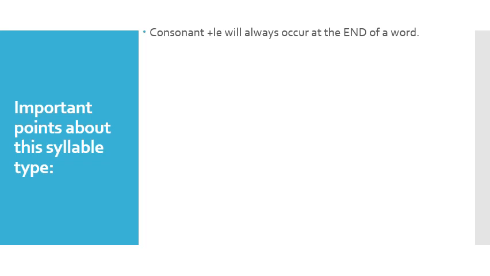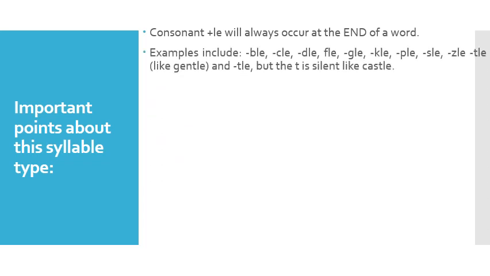Examples include BLE, CLE, DLE, FLE, GLE, KLE, PLE, SLE, ZLE, TLE, or sometimes you find the two letters AL at the end. Like gentle, for example, but the T is silent, like castle.